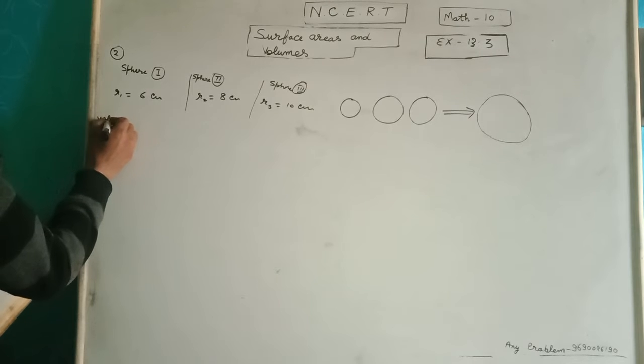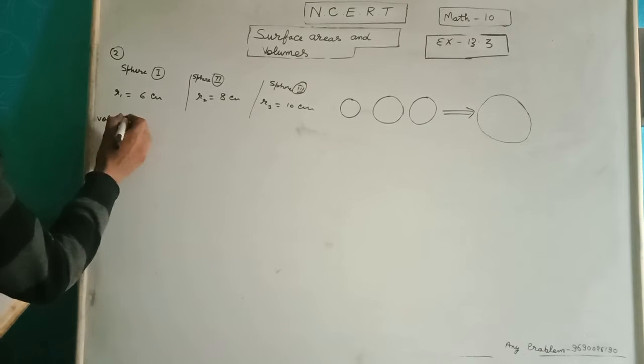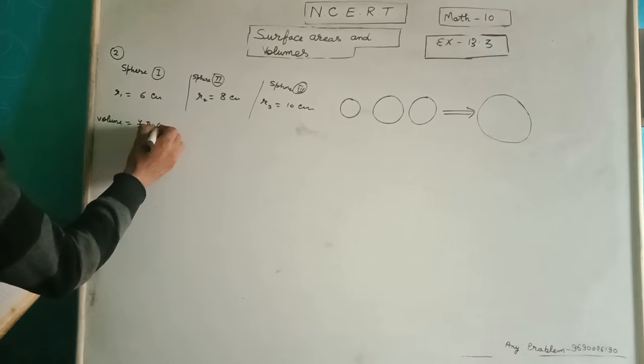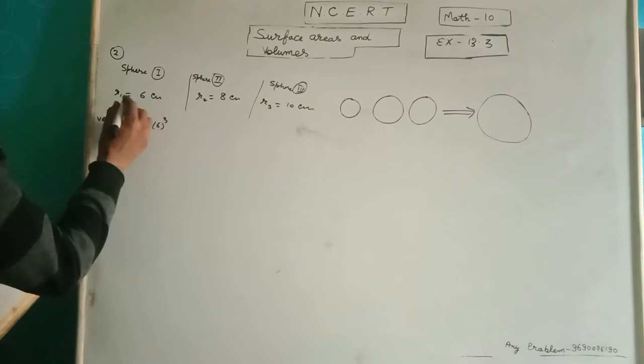Volume of first sphere is 4/3 pi 6 cube.